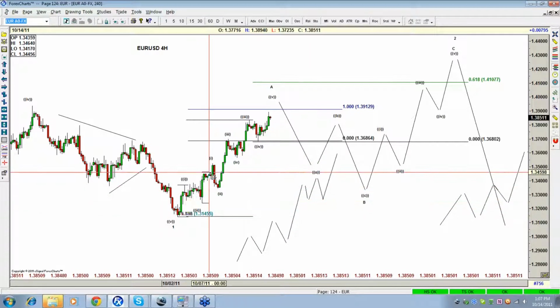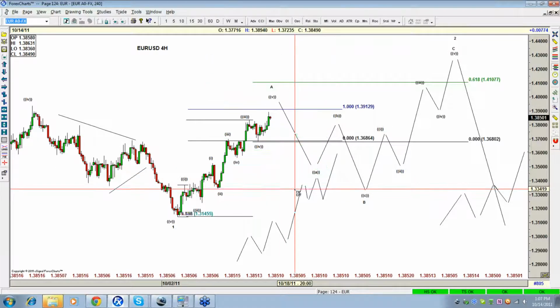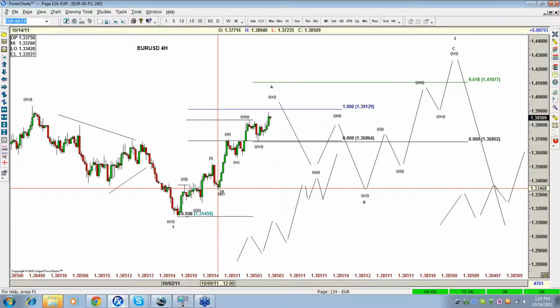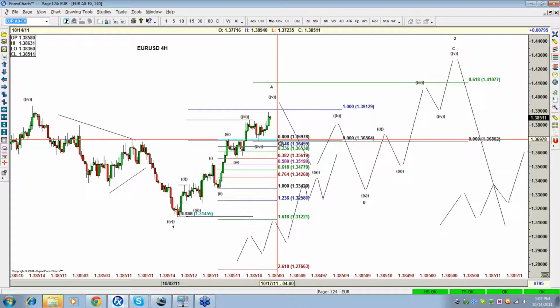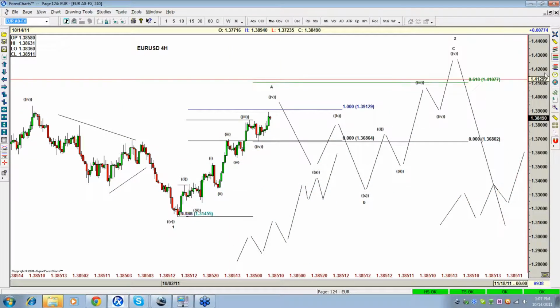Let's see what happened. It's from here to the 61.8 at the top right there, 3802 here, by the peak, and then the next one right there, you go right here.